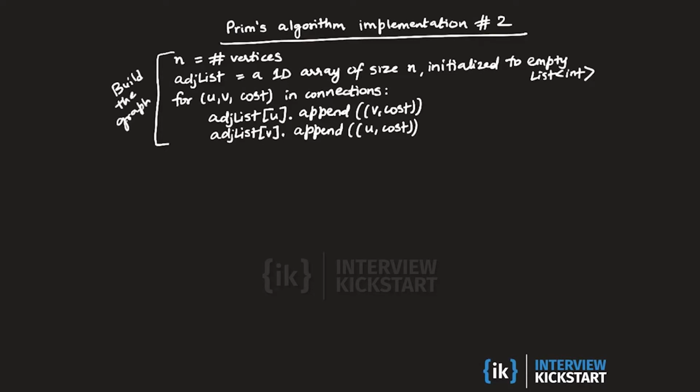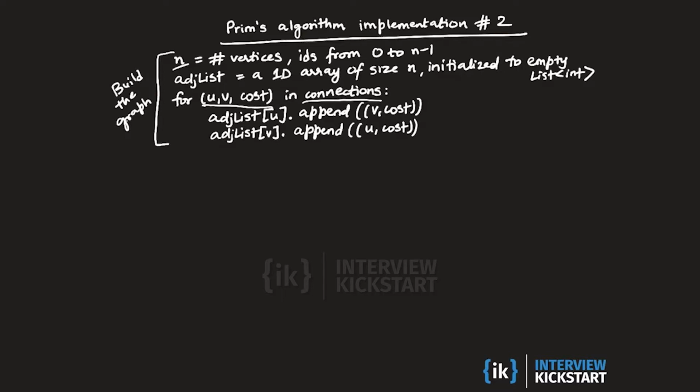I'm assuming that we are given n, the number of vertices in the graph, whose IDs are conveniently ranging from 0 to n minus 1, and that we can build an adjacency list for those n vertices out of the connections array, which is basically a list of edges where each edge is a triplet indicating the source, destination, as well as the weight on that edge.